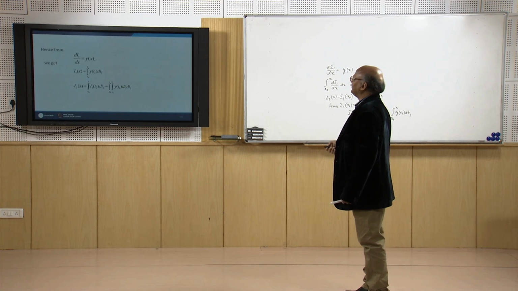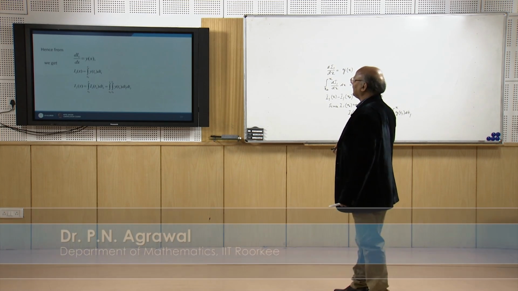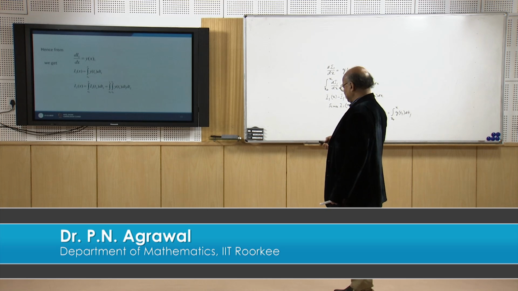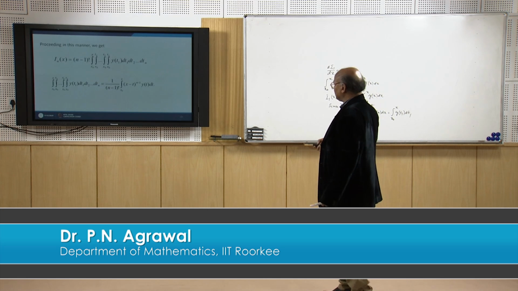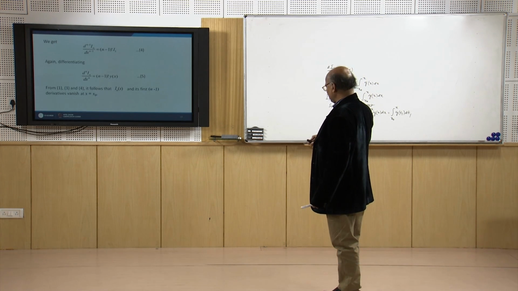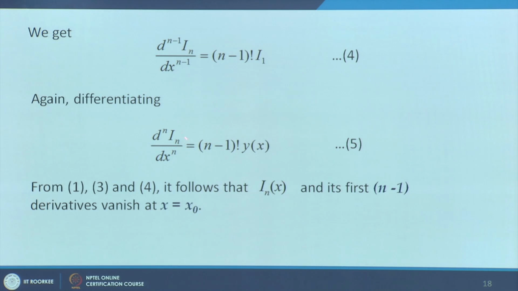Similarly, we can get I_2(x). Let us put n equal to 2 here. So, we will get d^2 I_2 over dx^2 equal to f(x).